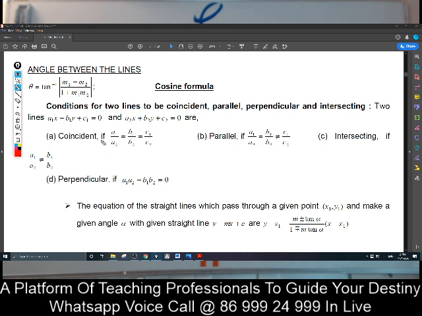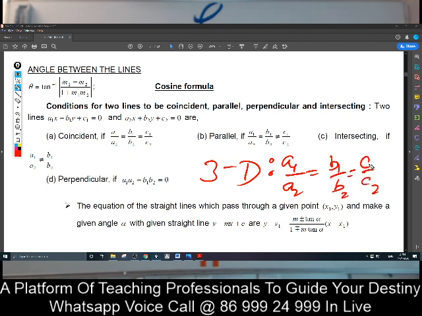That means this will be continued in 3D. If they are coincident, a1 by a2 is equal to b1 by b2 is equal to c1 by c2 is equal to d1 by d2. If it is not equal, then they are parallel. If they are intersecting, a1 by a2 is not equal to b1 by b2 is not equal to c1 by c2.